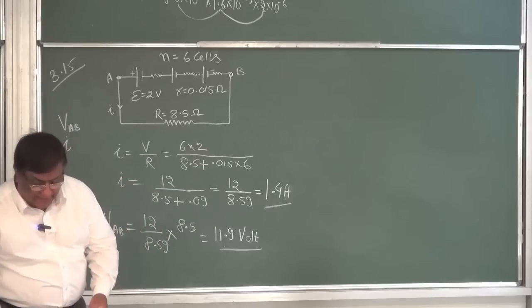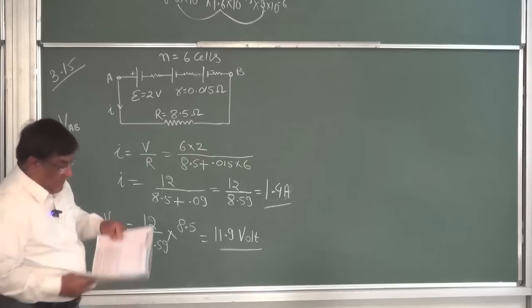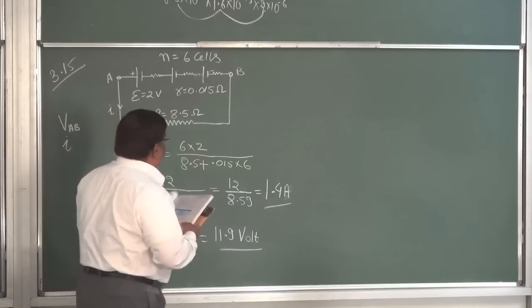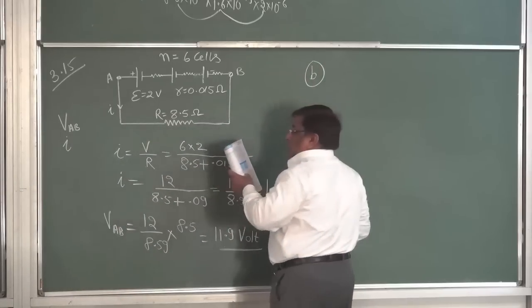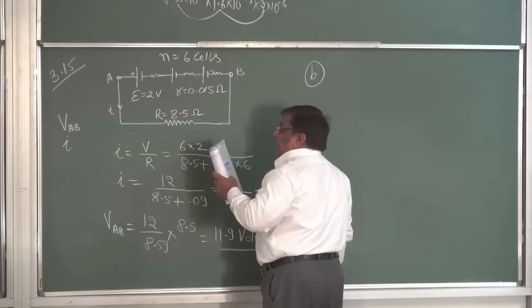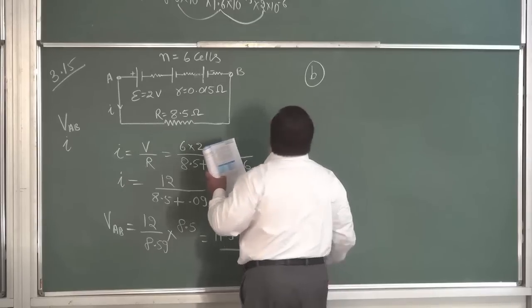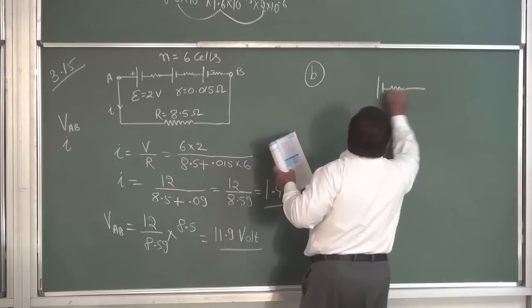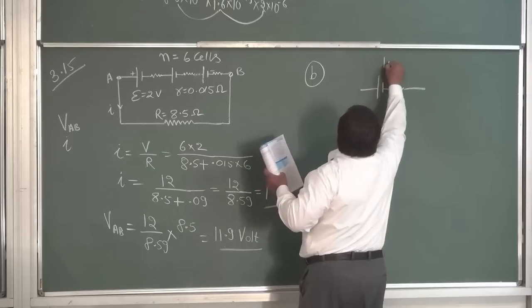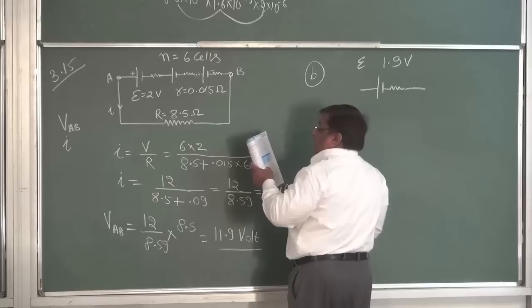Now we go to the second part of it. The second part says, B part, a secondary cell after long use has an EMF of 1.9 volt. This is the EMF of the cell.